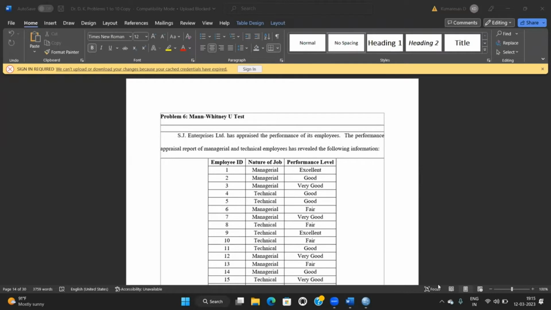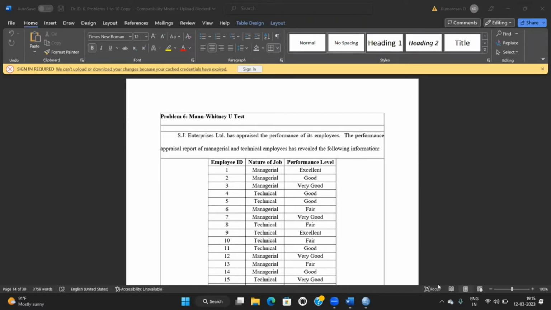And regarding the data, if you have collected the data in the form of scale data, you can apply the independent samples t-test. Or if you have collected data in the form of ordinal data, you can apply the Mann-Whitney U test.